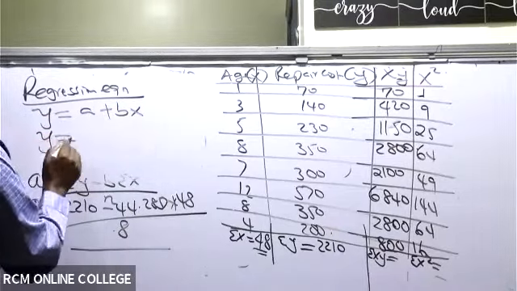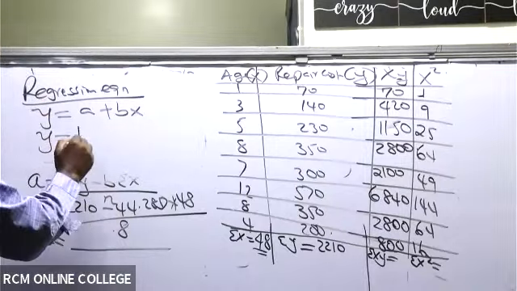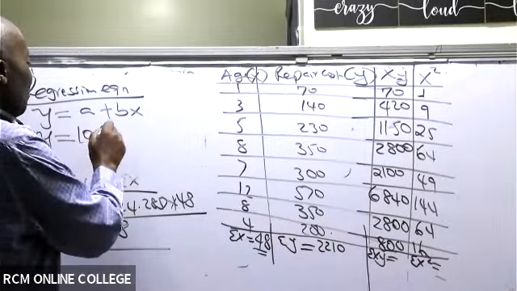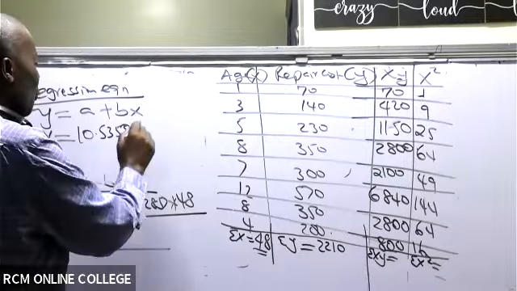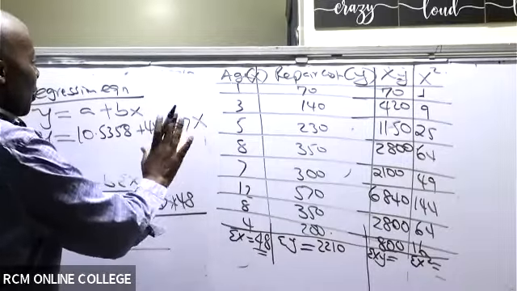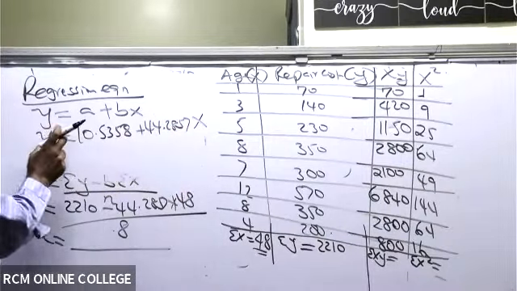So my y will be equal to a that we got here, which I remember was 10 point something, 10.5358, plus b, which is 44.2857 x. Remember, the regression equation gives us the connection between the dependent variable and the independent variable.